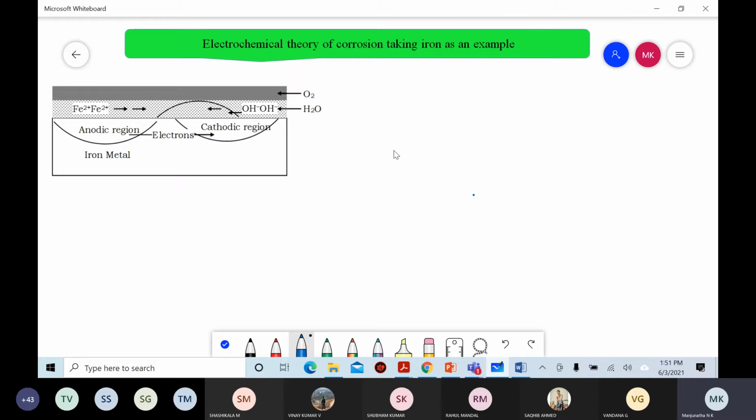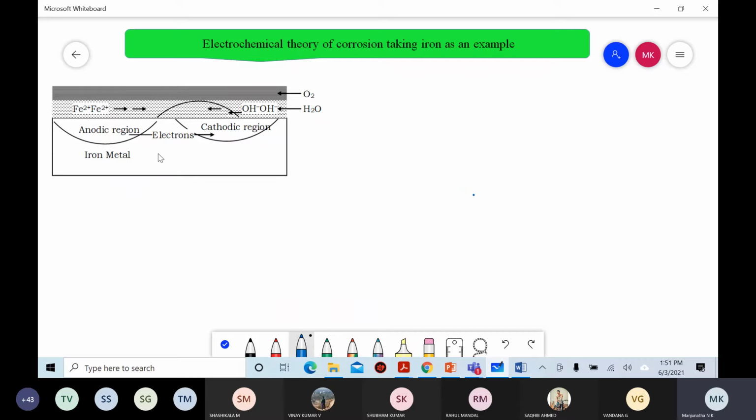Now I am going to take one example for the electrochemical theory of corrosion by taking iron as an example, because in your syllabus it is specifically mentioned: electrochemical theory by taking iron as an example. First, coming to the postulates involved in the electrochemical theory.